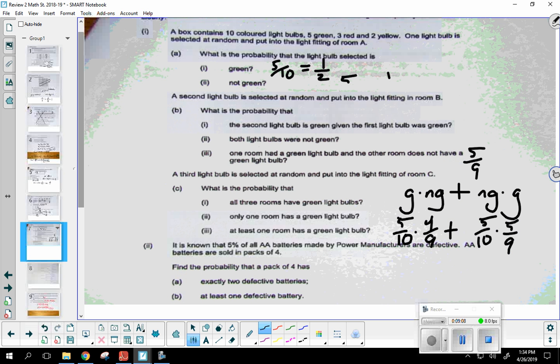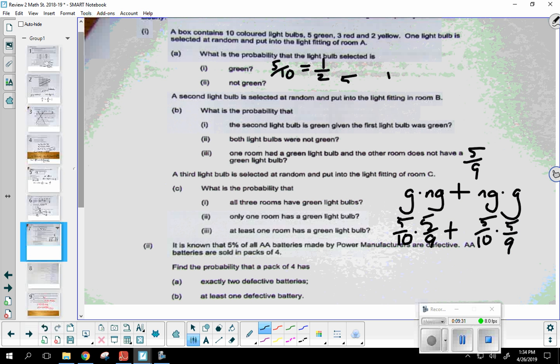Oh, did I make a mistake? Should that first 4/9 be 5/9? Yes, I'm sorry. Because green, we have 5 out of 10, then that would be a 5/9 as well. Because not green, we've got 3 red and 2 yellow, so there's still 5 possibilities to not have a green.